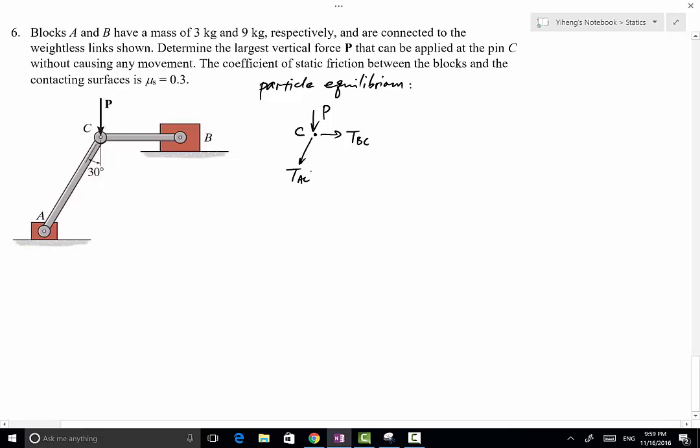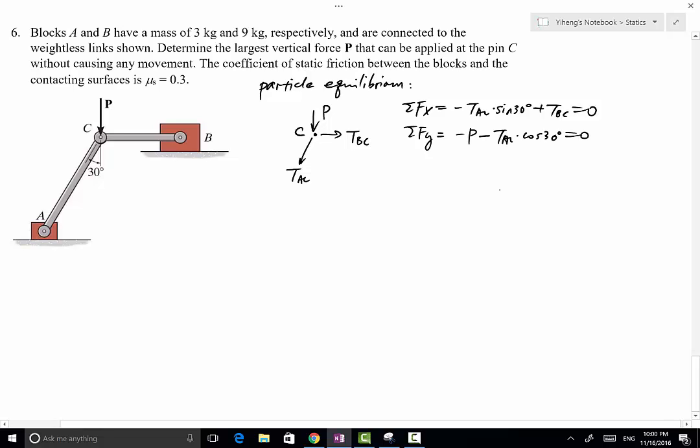Even though we cannot solve for all of them, we can solve for T_AC and T_BC as expressions of P. The resultant force along the x direction equals negative T_AC times sine 30 degrees plus T_BC equals 0. The resultant force along the y direction equals negative P minus T_AC times cosine 30 degrees equals 0.